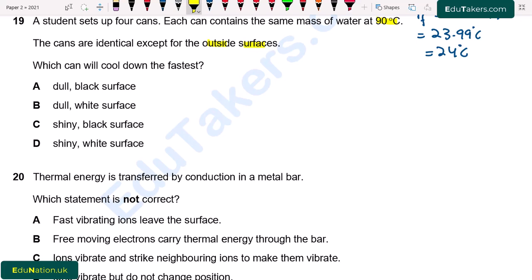A. Dull black surface. B. Dull white surface. C. Shiny black surface. D. Shiny white surface. So the dull black surface will cool faster because a good absorber is also a good emitter. So here option A is correct.